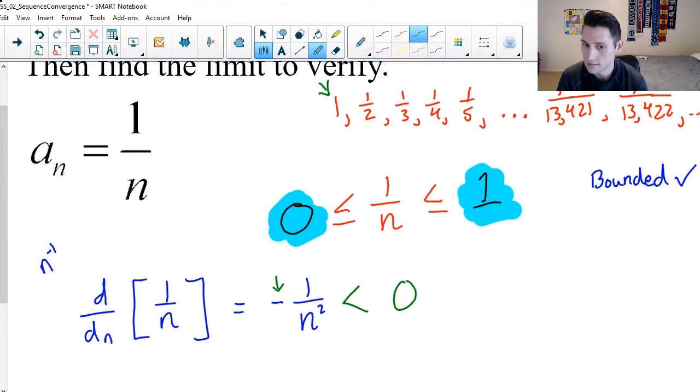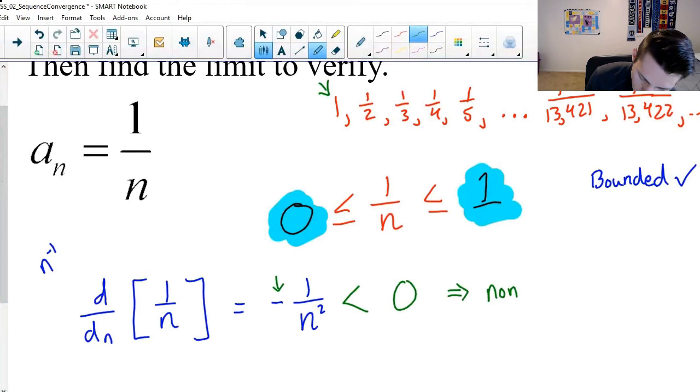Always. Not 0, not positive, definitely not positive. So the derivative of a_n will always be less than 0, which means that this is non-increasing, which then means it is monotonic.